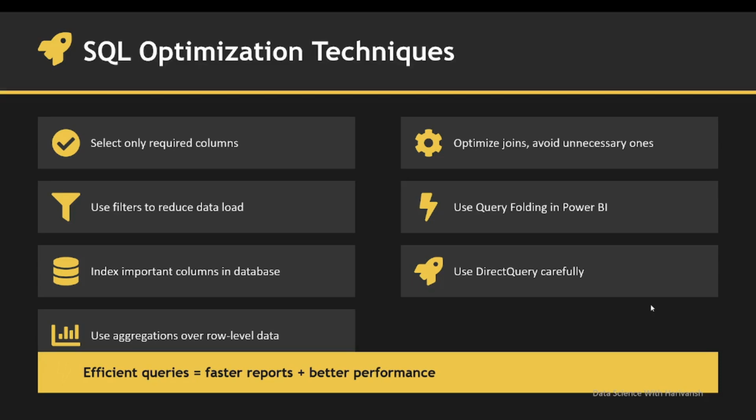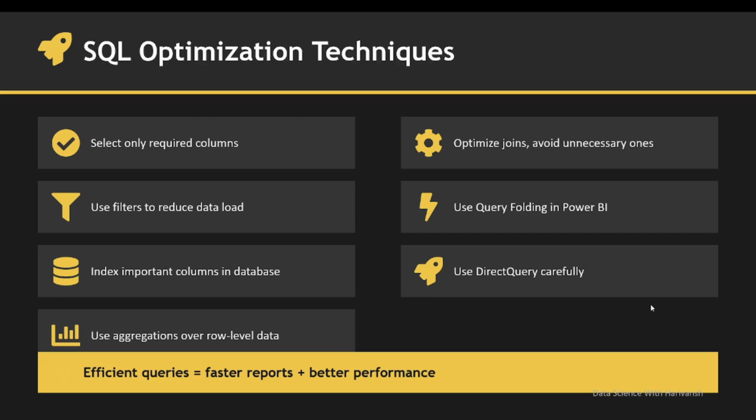The second technique is to use filters to reduce data load. Rather than importing your entire dataset and then filtering it inside Power BI, you should push the filtering as far back as possible. Ideally, directly into the SQL query itself using where clauses.